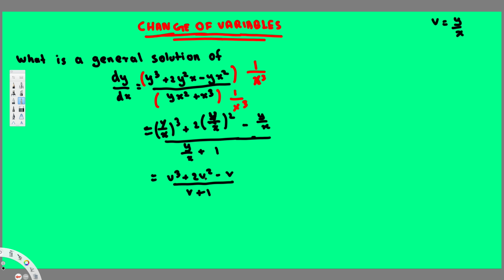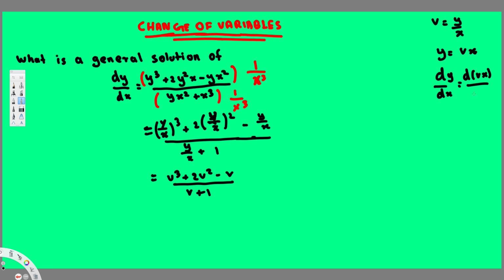Now if we convert this into v, we have to do the same thing to the other side. On the other side we have dy over dx. Now we should try to write this in terms of v. And here, if v is equal to y over x, y is going to be equal to v times x. Therefore dy over dx is going to be d times vx over dx, because we know that y is equal to vx, so we substitute that right here.